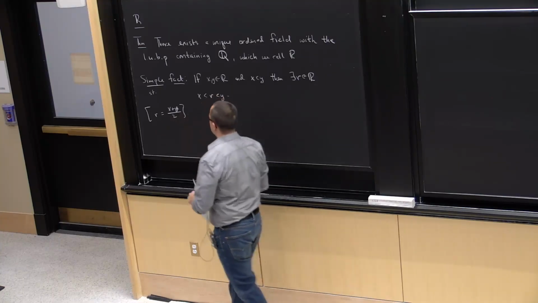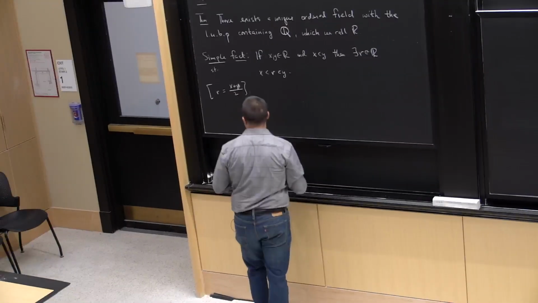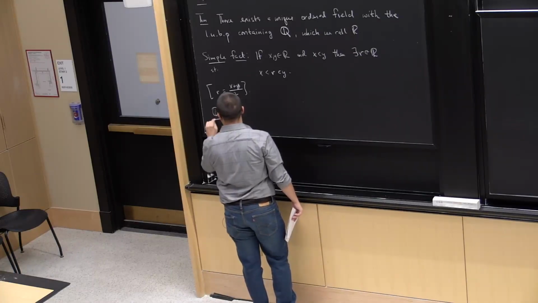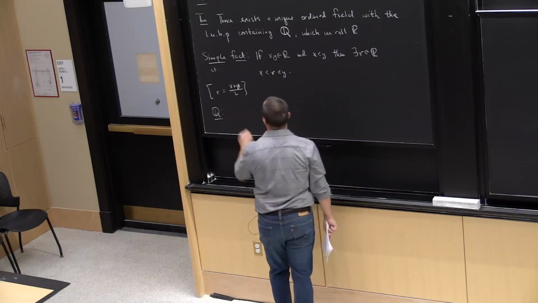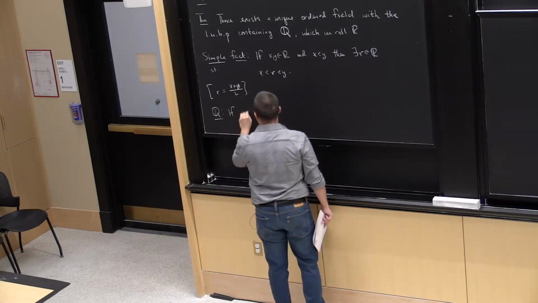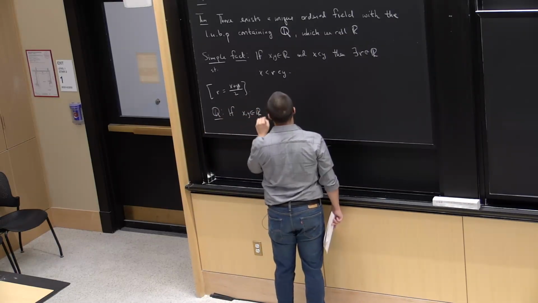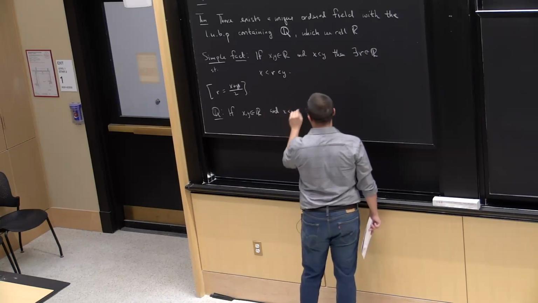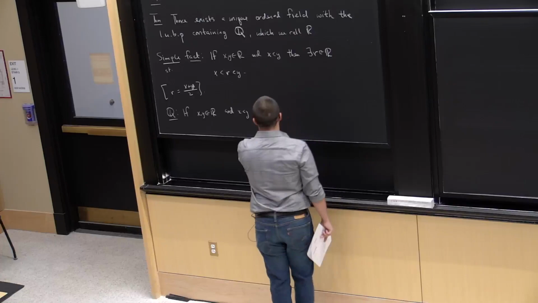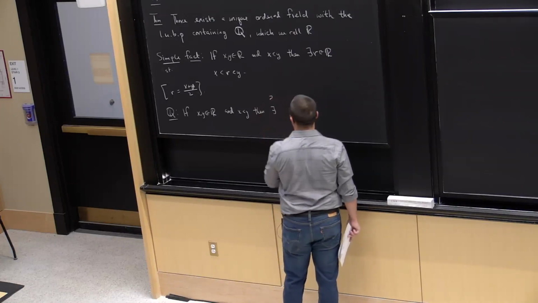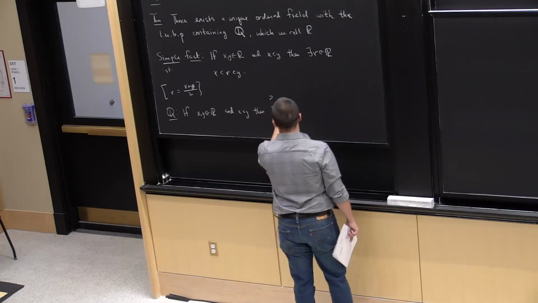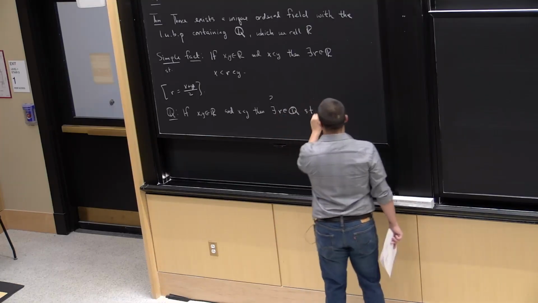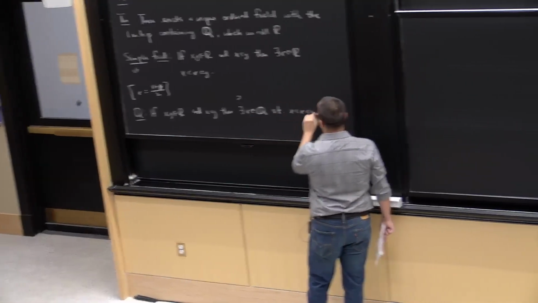Now, a natural question is the following: if x and y are in R and x is less than y, does there exist an r in Q such that x is less than r is less than y?